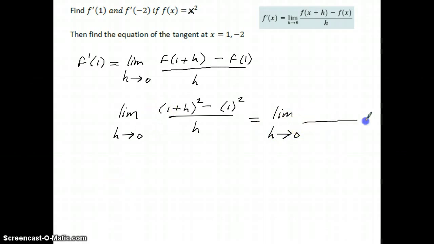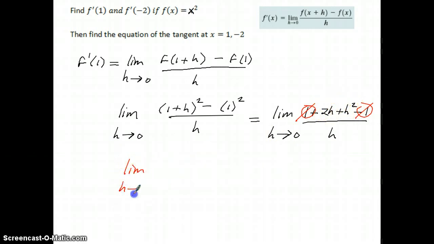That literally means 1 plus 2h plus h squared, and then minus 1 to the power 2, which is just 1. So let's see what we can do at this point. We have a 1 and a minus 1, which we can get rid of. And now we have 2h plus h squared, all over h.